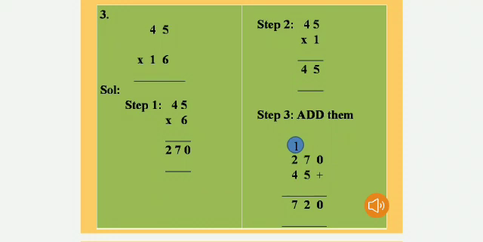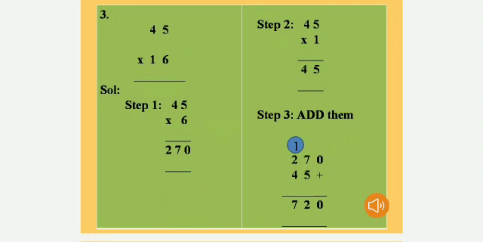On the right side you can see in the column, step 2. 45 is the multiplicand, I have to keep it as it is, but from the multiplier I have to take 1, and 1 is at the tens position. So first you have to multiply: 1 5 is 5 and 1 4 is 4. Then we have to add both the products, that is 270 plus 45. As you can see here, I am placing 45 from the tens position.